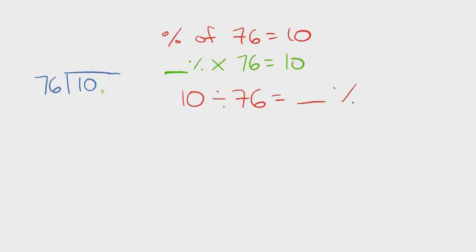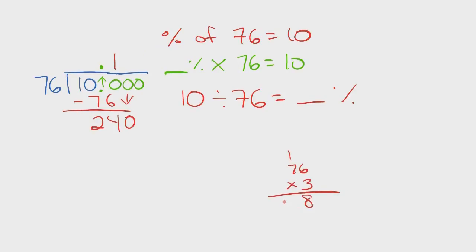You know I'm going to have to add a decimal because 10 is too small. Bring it up. And let's add 3 zeros. I'm going to stop here.